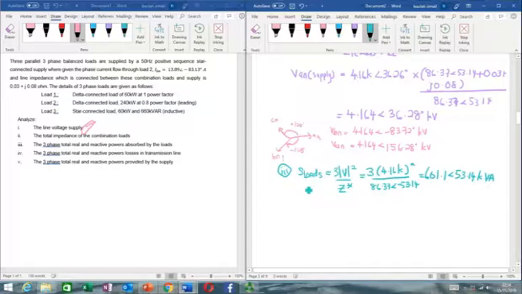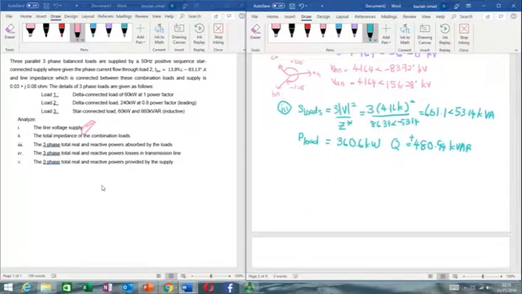To get the real power, just convert the complex value to rectangular form. So P load will be 360.6 kilowatt, and Q is 480.94 kVAR. This is positive, so positive. If the value is negative, put negative there.